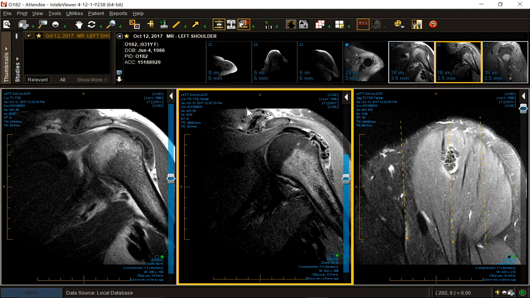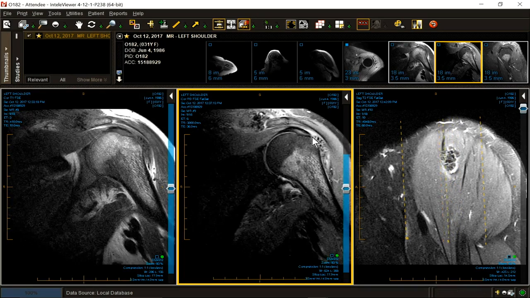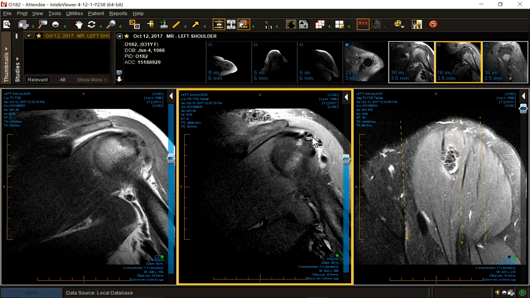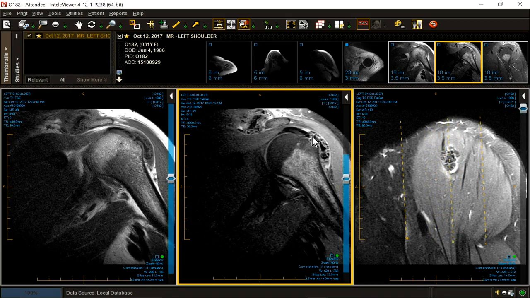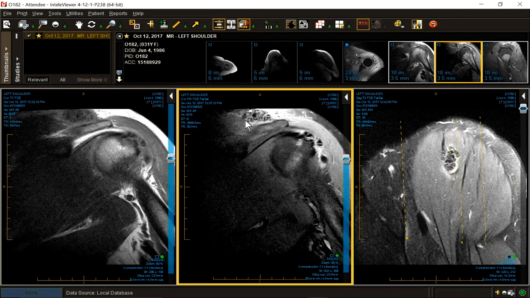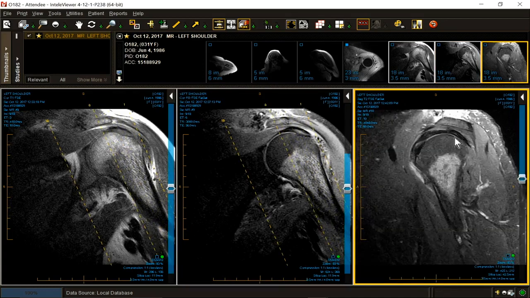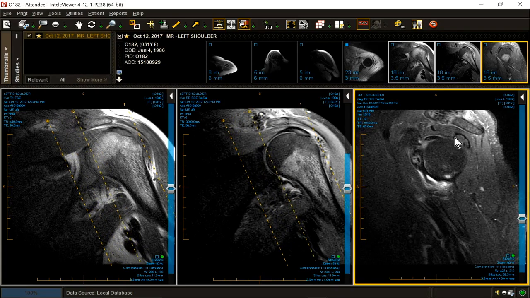This patient has innumerable areas of dark signal intensity reminiscent of HAD, hydroxyapatite deposition disease. But in the joint too. Let's look at the sagittal. What's going on in the subscapularis?